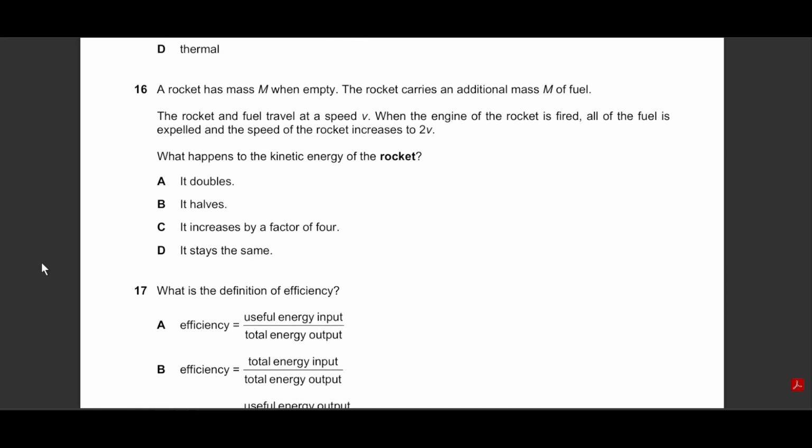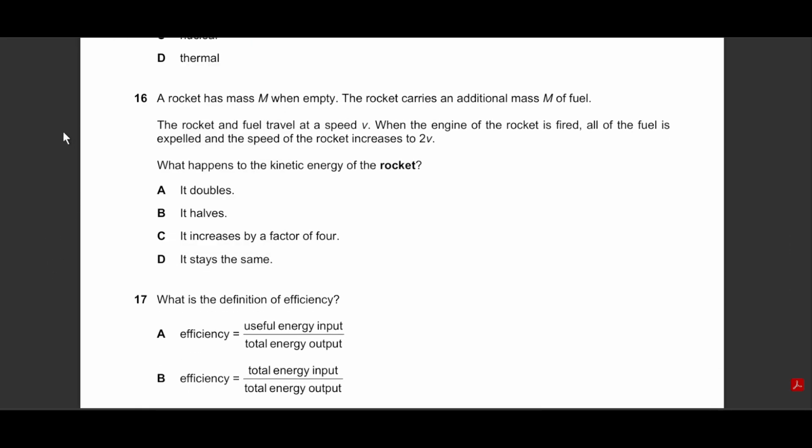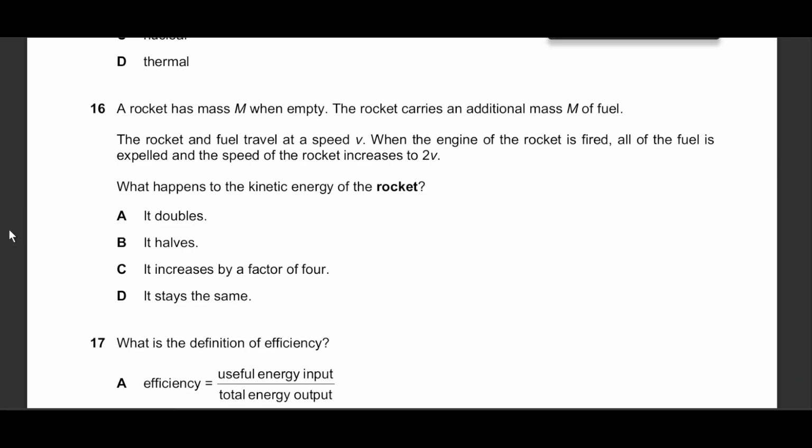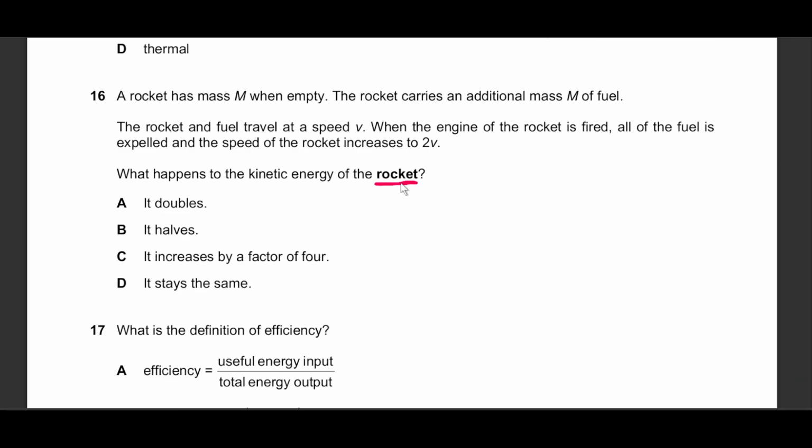Question 16 has proven to be a bit more difficult for students, and I get this question a lot. You see, he's made this in bold, and it's all about English comprehension that's causing you trouble. The empty mass rocket was m, and its velocity was v. So the initial kinetic energy of the rocket is half m v squared.